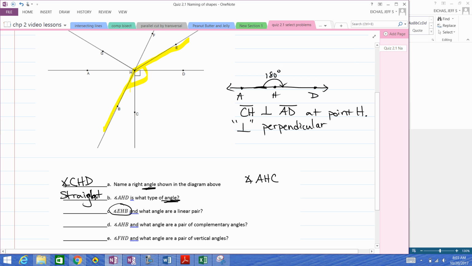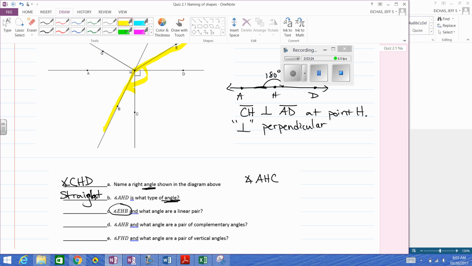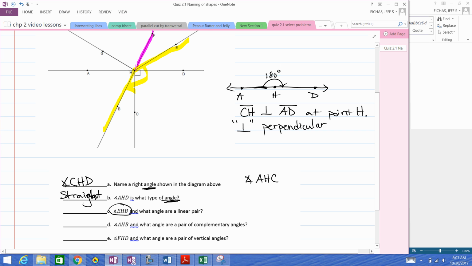This angle right here. And what other angle do we need to make a linear pair? Well, this is our line, so it must mean that we need the rest of it from here to here, right? So let's name that one. That is angle EHF. And that completes the straight angle.